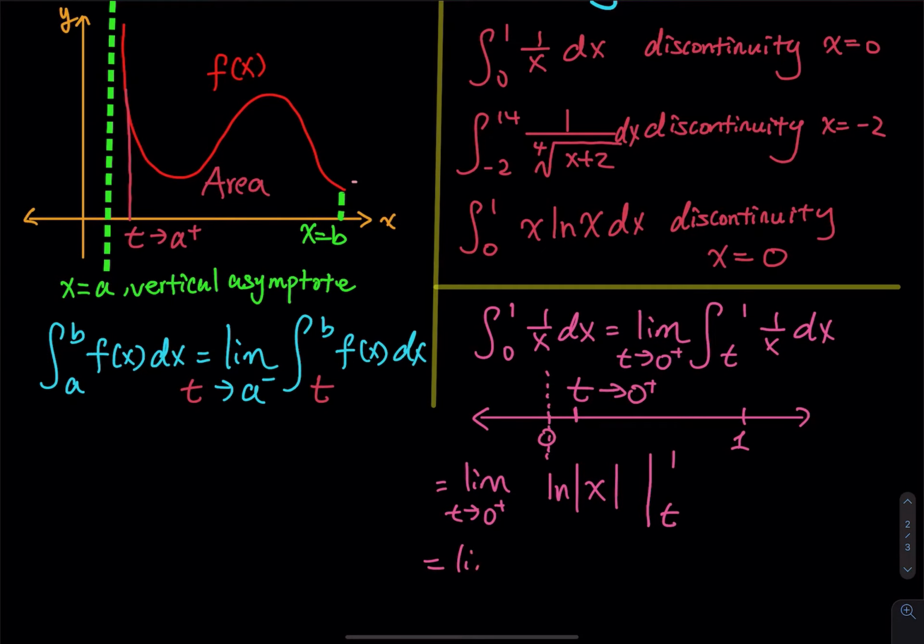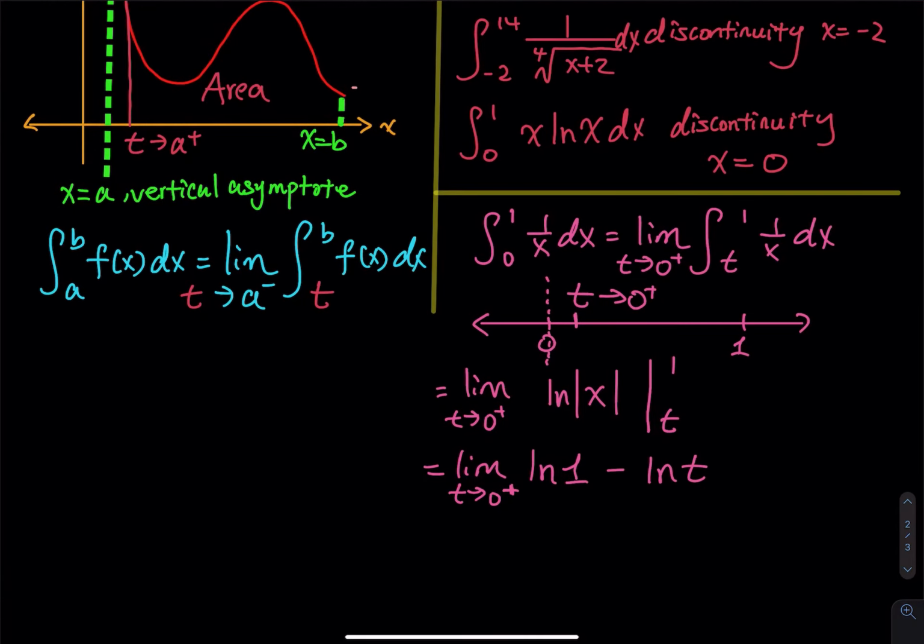So we have the limit as t approaches 0 from the right of ln 1, so 1 is positive, then we don't need the absolute value anymore, and then ln t, right? So t, do we need the absolute value? The answer is no, because 0 on the right hand side is a positive value. So therefore, we do not need the absolute value. So ln 1 is equal to 0.